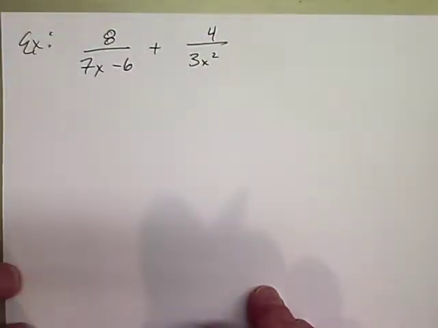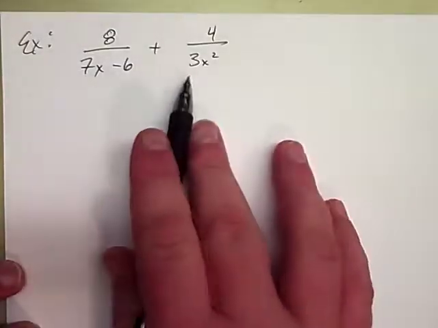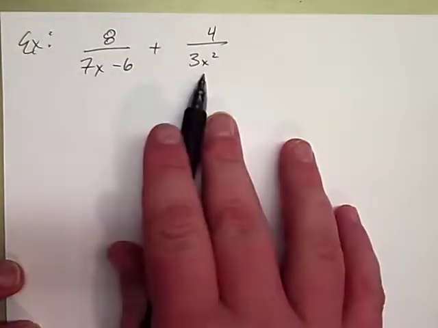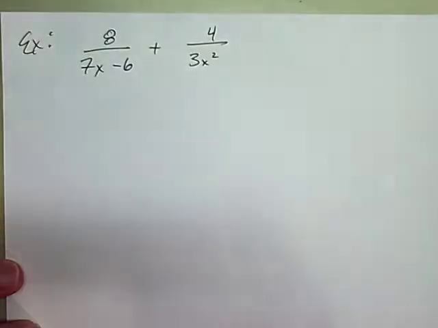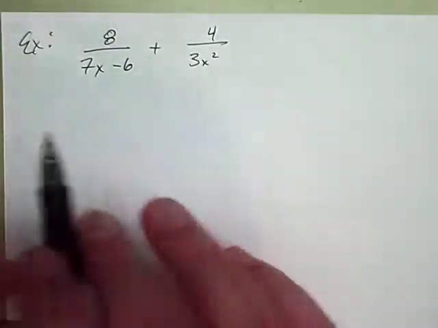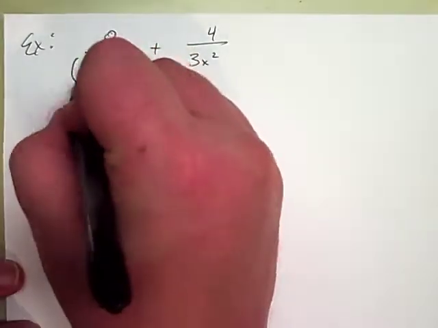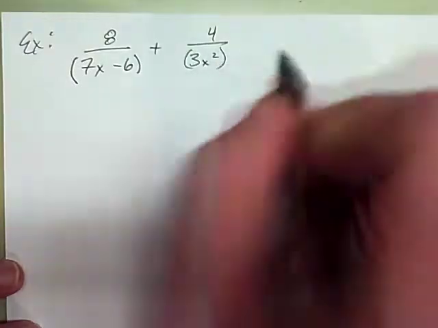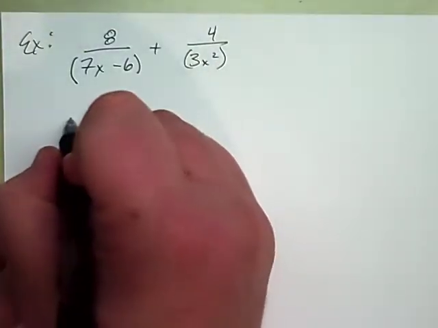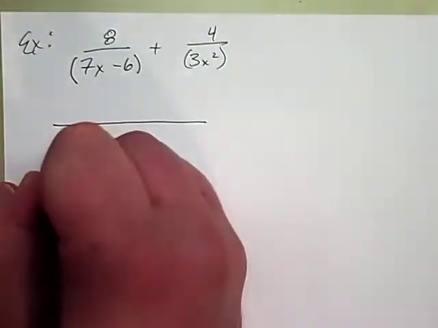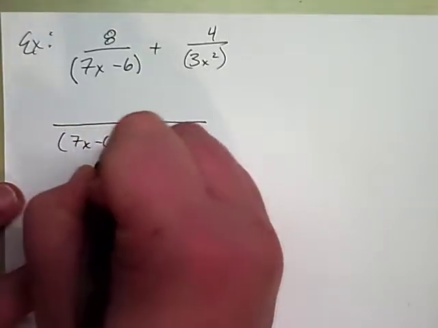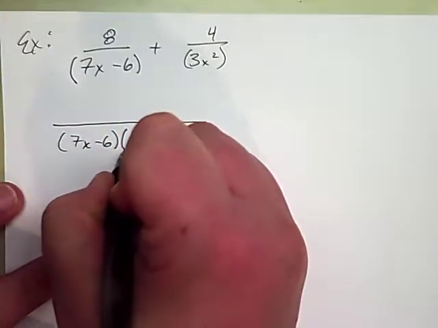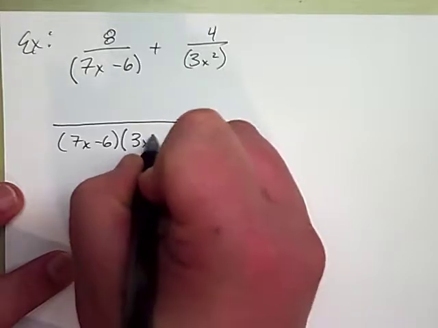Okay, so again, our first step. Do I have a common denominator here? No, these are not the same denominator. So if they're not the exact same denominator, what I'm going to do is I'm going to say this thing times this thing. So when I go to my second step here, I end up with 7x minus 6 times 3x squared.